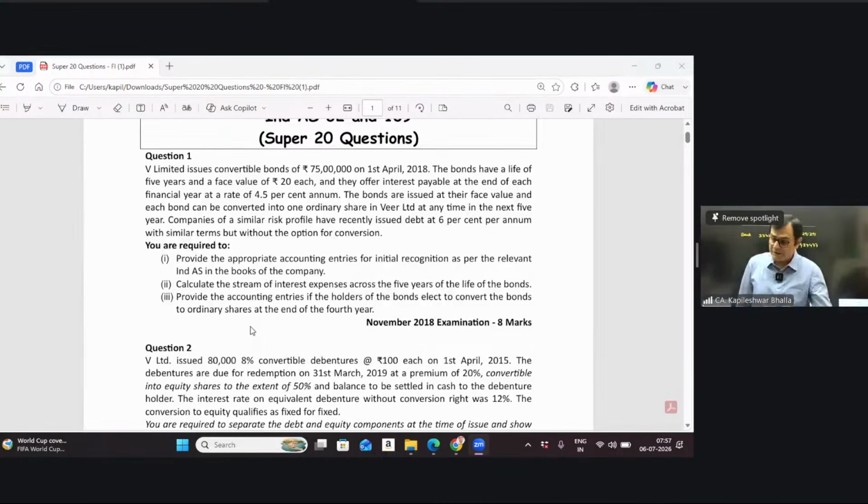Now, if you look at the number of bonds, we are given that the total face value of the bond is 75 lakhs and each bond has got a face value 20. So the company has got a total of 3,75,000 bonds. And the question says that we're going to convert each bond into one ordinary share. So that means equal number, that is 3,75,000.